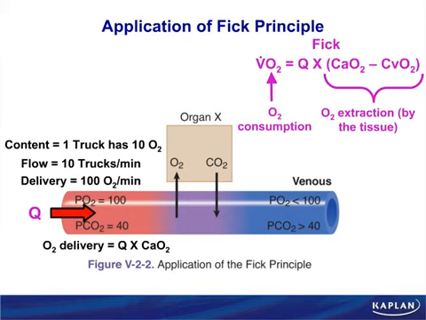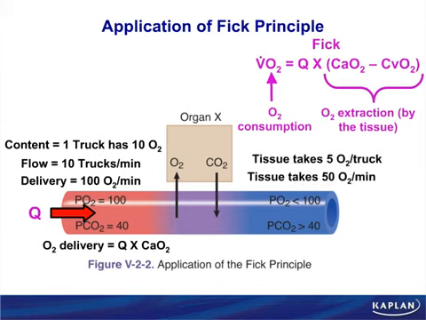So delivery is flow times content. In this example, let's say that the tissue takes 5 oxygens per truck. Well, then that means the tissue's taking 50 oxygen per minute, which leaves 5 oxygen per truck in the veins, so 50 oxygen per minute are leaving.